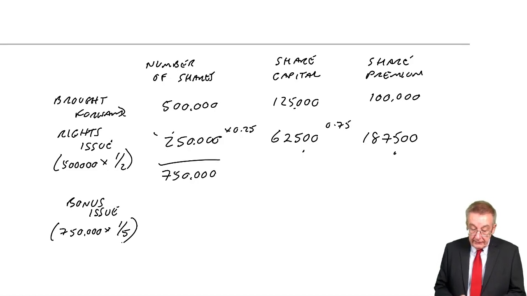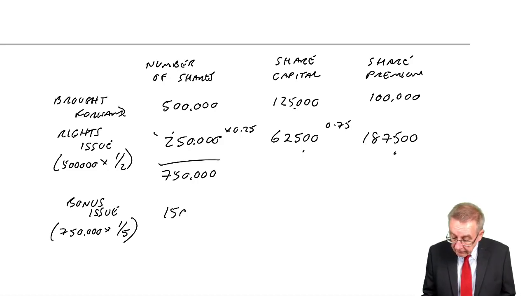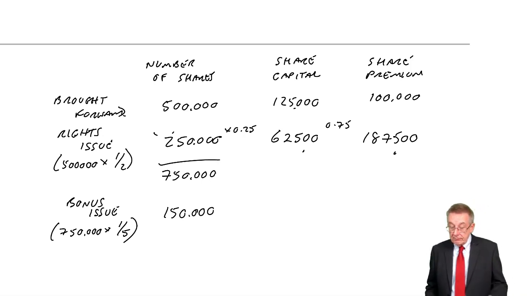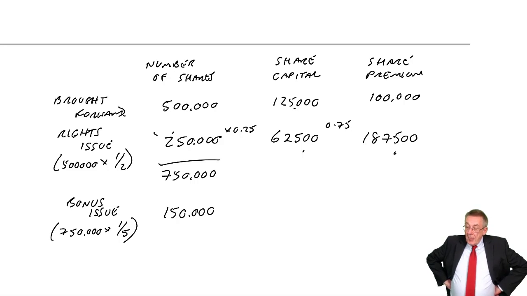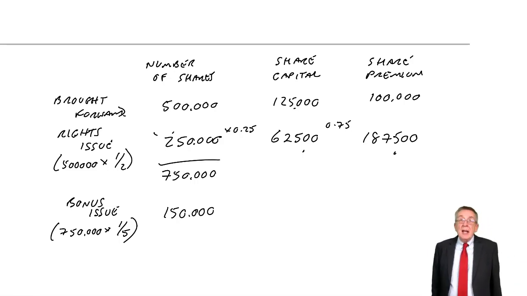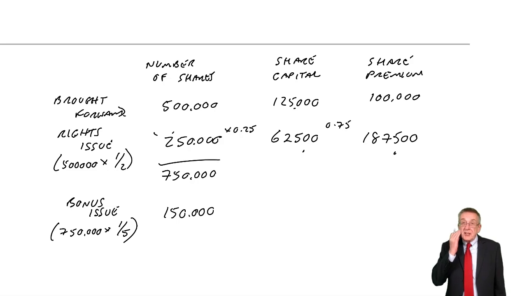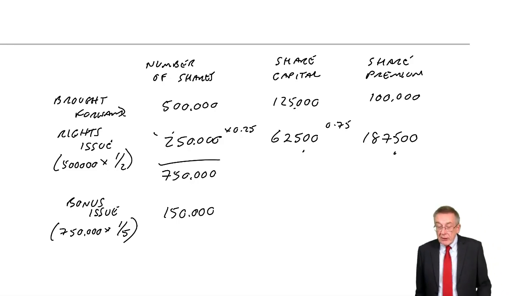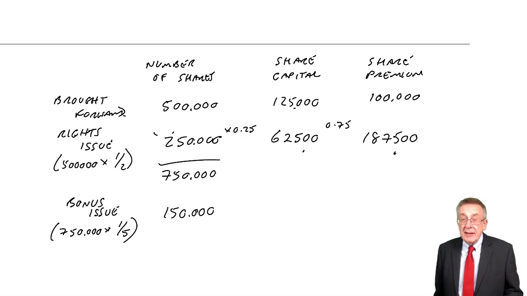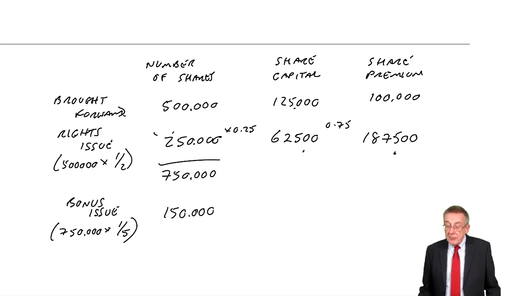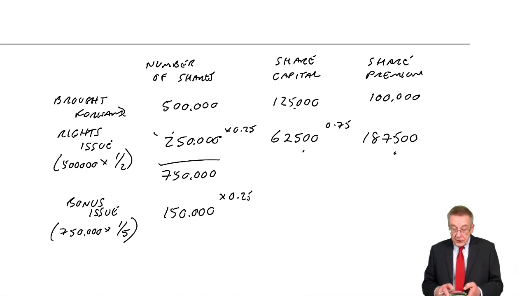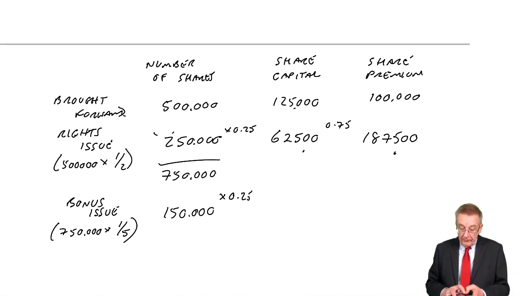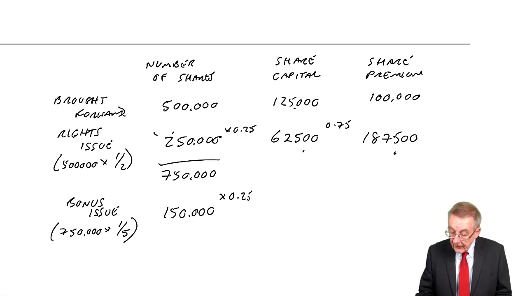I should be able to do it in my head. Another 150,000. Now what are we going to do? First of all, these shares must be 25-cent shares again. They're always the same type of shares. The original shares are 25 cents. And so if more shares have been issued, share capital goes up, at 25 cents a share, by 37,500.